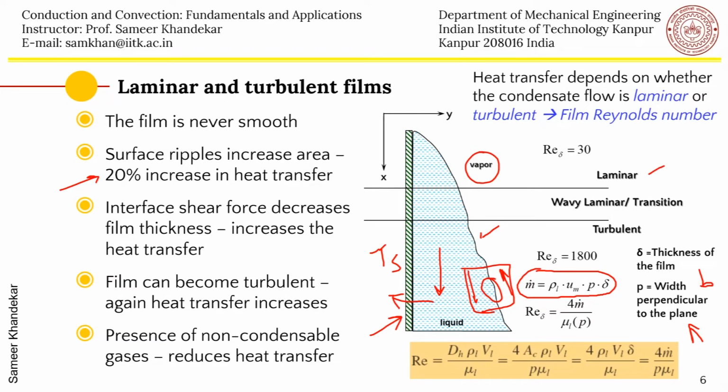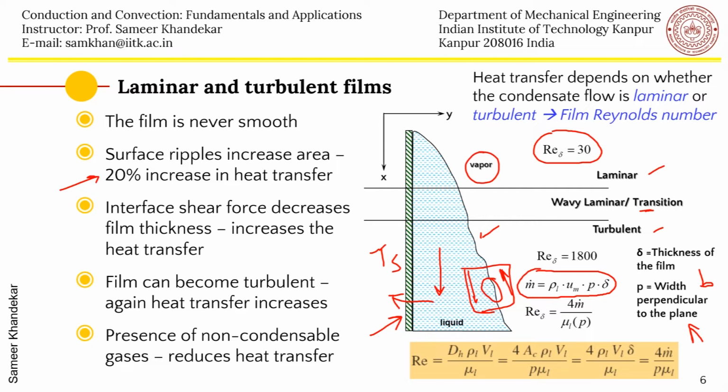Now, how do you differentiate between these? One can define a Reynolds number, which has a length scale and a velocity scale. The velocity scale is given by the velocity of the film which is falling down, which comes from the mass flow rate of the film.